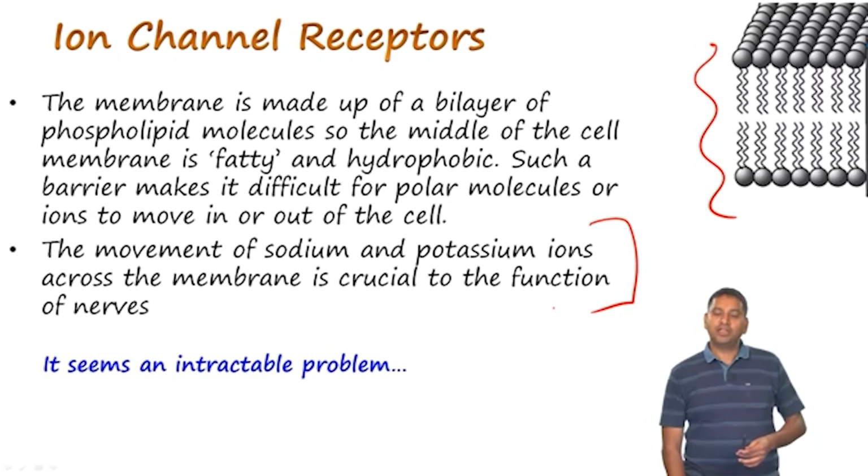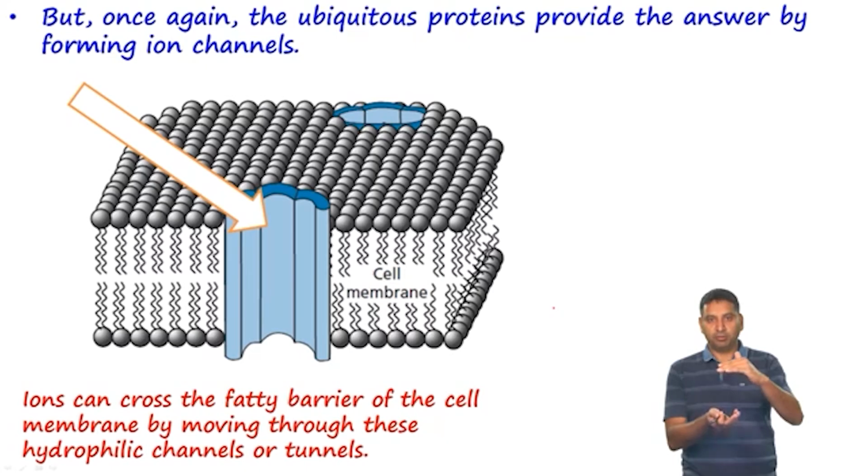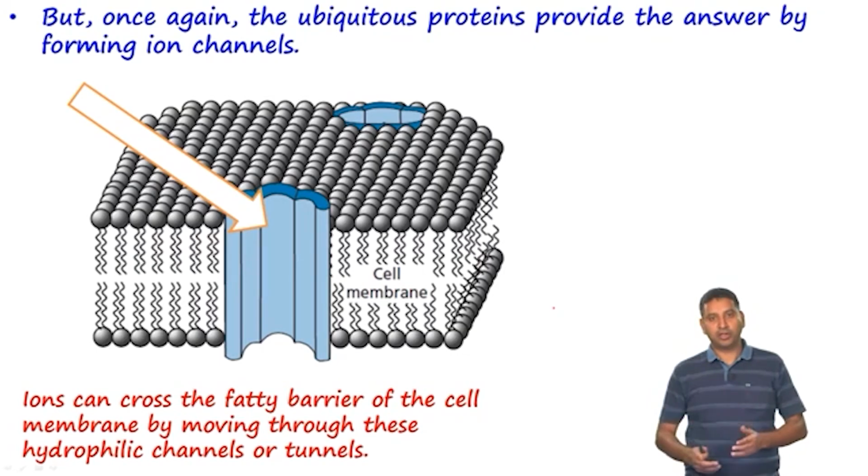However, the way this problem is solved is that you have proteins which are embedded in the lipid bilayer. As we know, proteins are made up of amino acids, and amino acids have polar functional groups, and these polar functional groups can interact with ions and enable their transport.